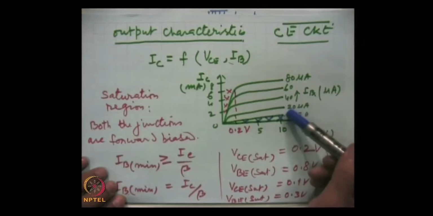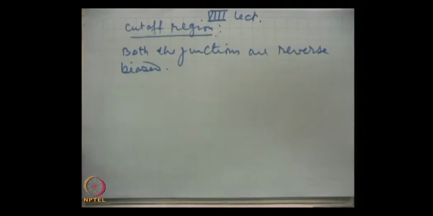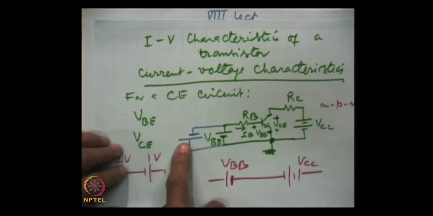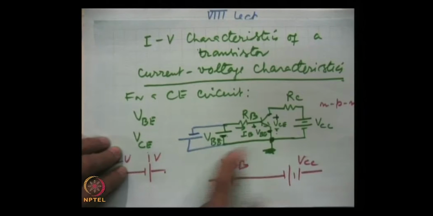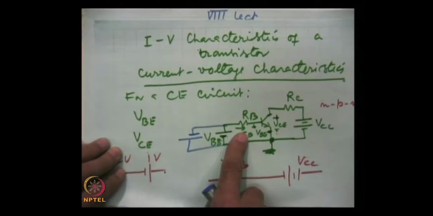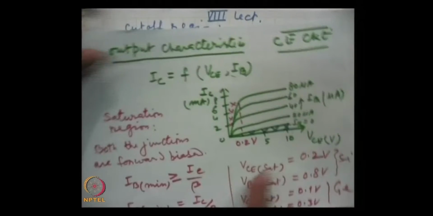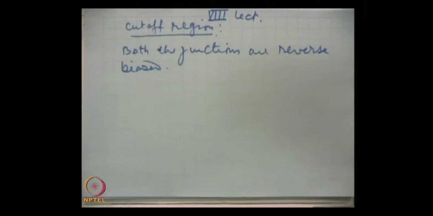To go below IB equal to 0, that means in the other direction, we will have to change the polarity as shown here, and this will make the p type base connected to the negative terminal of the battery. So, even the input junction is reverse biased.